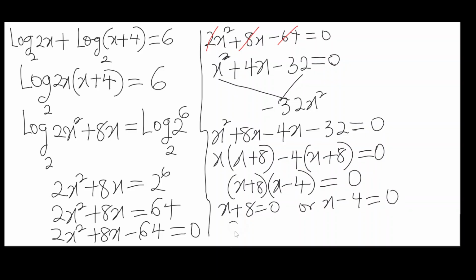That is either x equals negative 8 or x equals positive 4. And so that is the final answer. So the two answers, the two possible values of x are either x equals negative 8 or x equals positive 4.